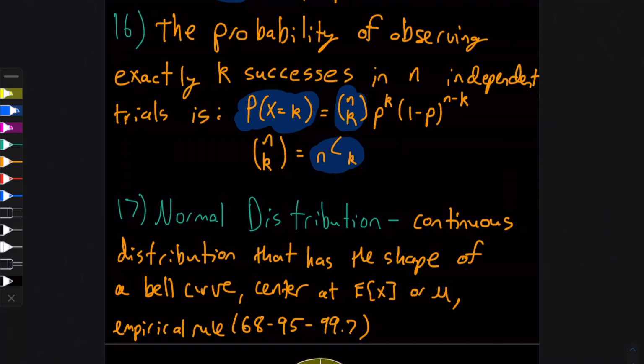You don't really need to worry about that because you have a button on your calculator that can tell you how to do n choose k. So the important thing is that you know how to type that in your calculator. And then we would have our p, probability of success, raised to the k. Remember, k is our number of successes. And then we would have 1 minus p to the n minus k, where n is our number of trials.